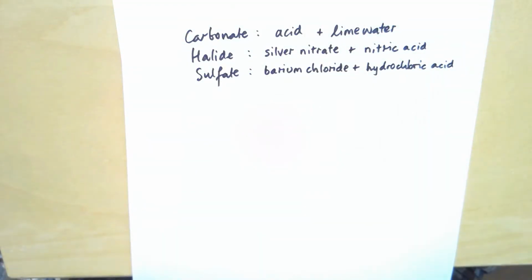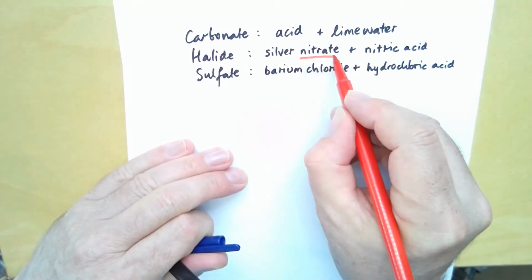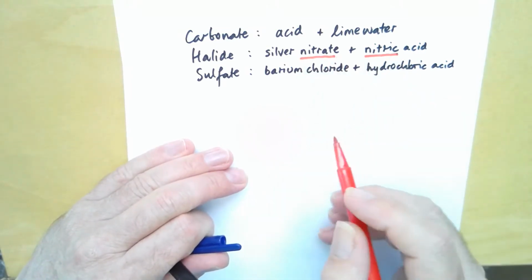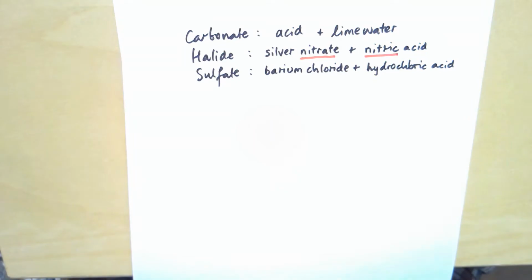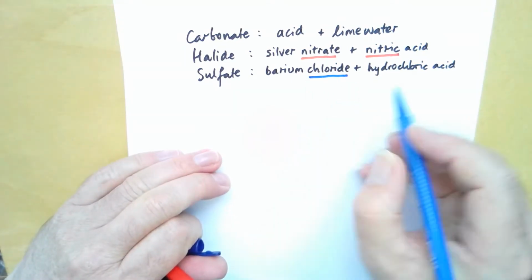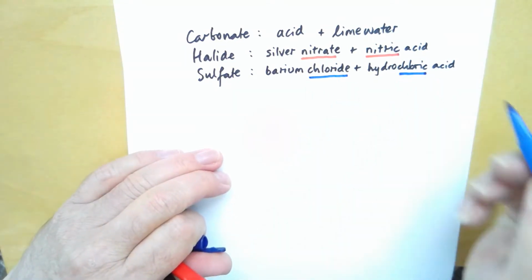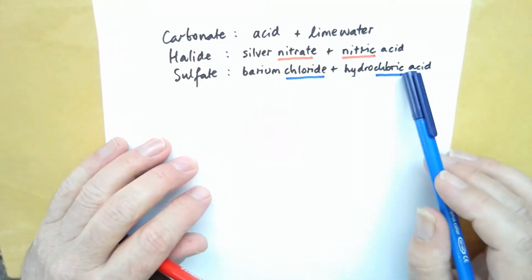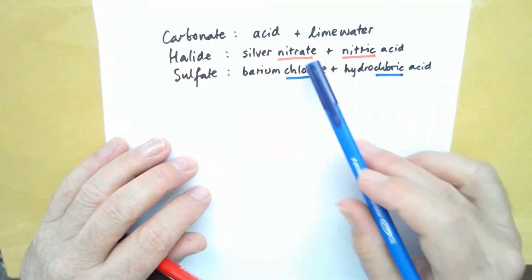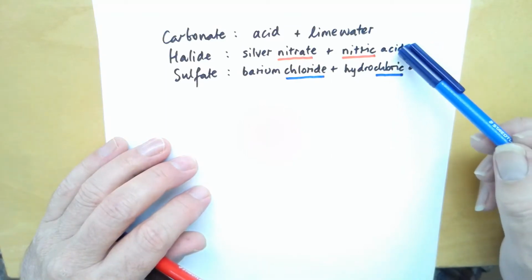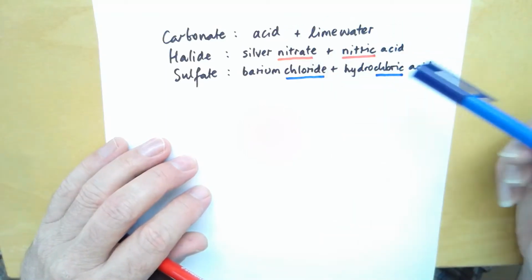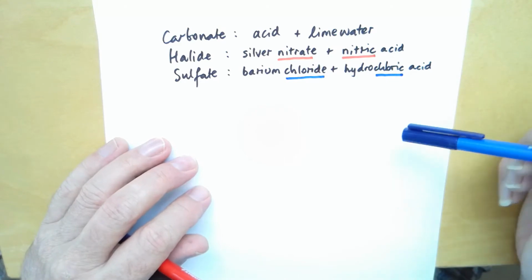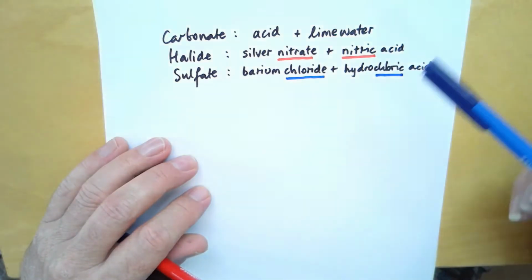And you'll notice that the nitrate needs nitric acid, the chloride needs hydrochloric acid. So when we're using these acids, we're putting the same kind of ions in. The acids are there to react with any carbonates that might be present, that would interfere with our test, and get rid of them.